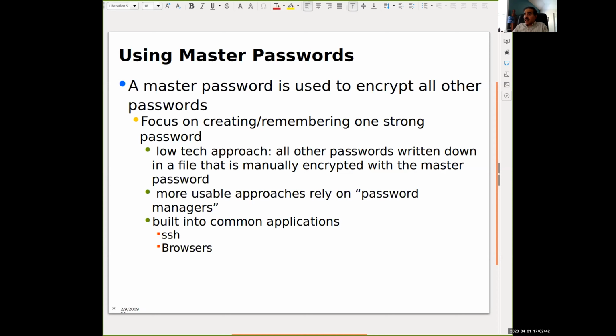And all of this is done conveniently by a password manager for you. Password managers are typically built into most browsers today, or there are also third-party password managers that you can use. I tend to be skeptical of many of these third-party password managers.